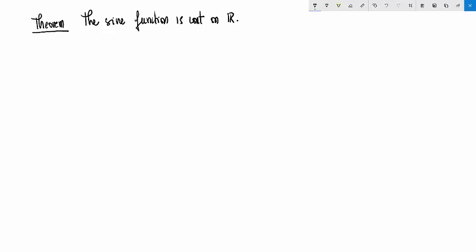And to prove this theorem, I will need a lemma. So let me start with the following lemma.